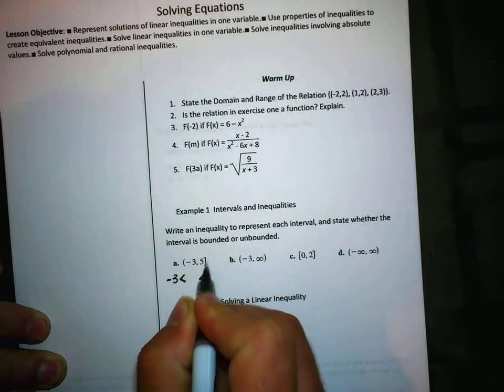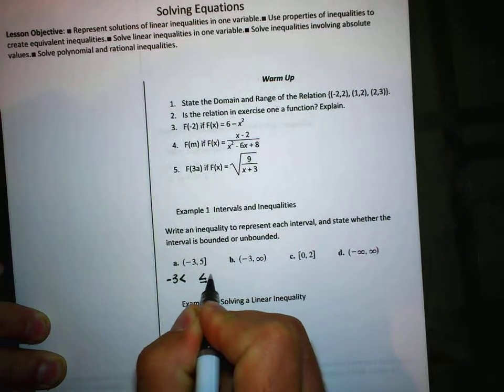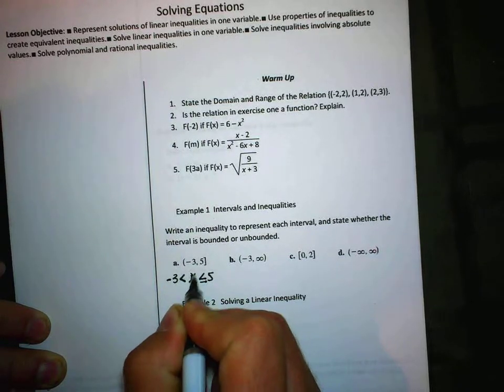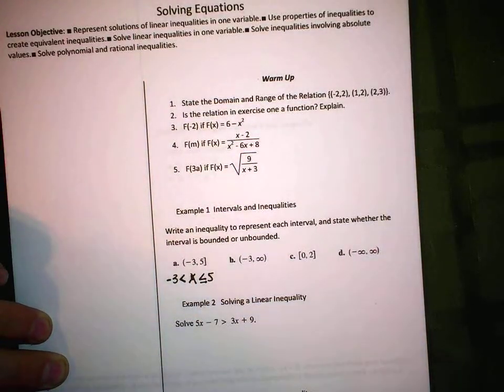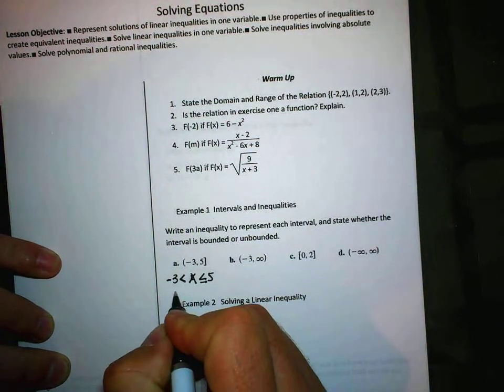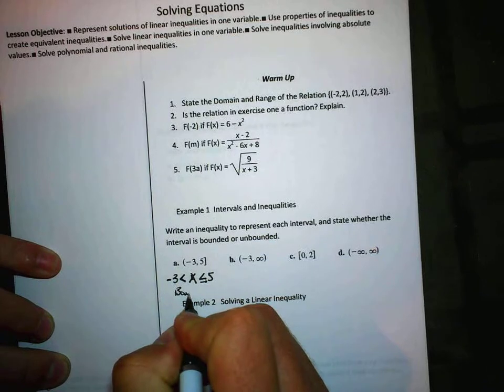It's greater than, but boxed means equal to, and we just put our variable in the middle, and our variable will be x. Okay? Now, because it is closed on both ends, this is a bounded interval.